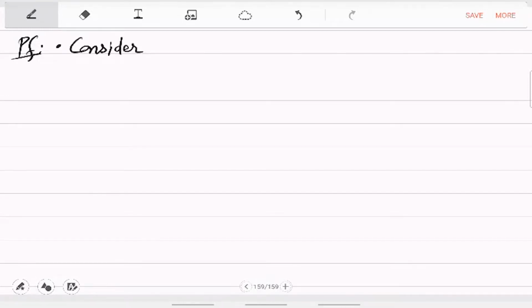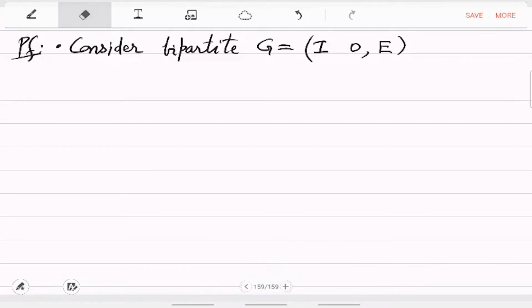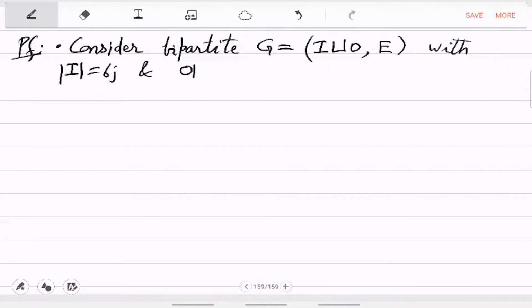So consider a bipartite graph G, which is I disjoint union O. So vertices are partitioned into input and output nodes, and then there are edges across I and O, with |I| = 6j and |O| = 4j.